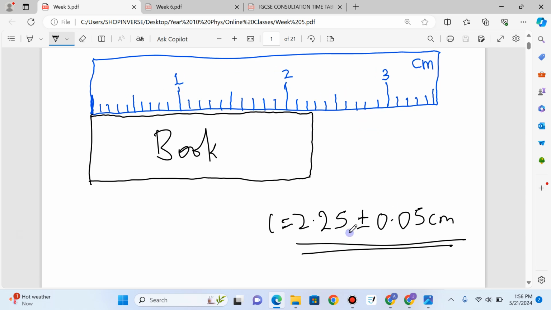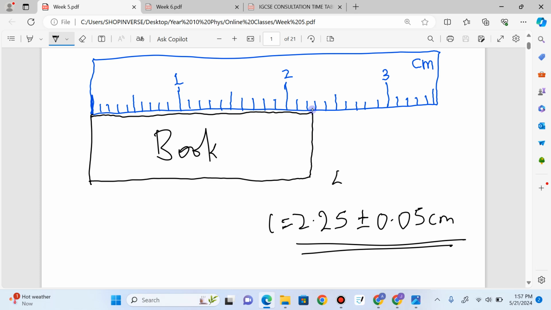So that is what brought in the concept of uncertainty. When you use any instrument to take measurement, there is some tolerance that can be given. So in this case, I can consider the length of this book to be 2.25 plus or minus 0.05 centimeters. Someone that reads this measurement could read it as 2.2 centimeters, while someone else can read it as 2.3 centimeters.